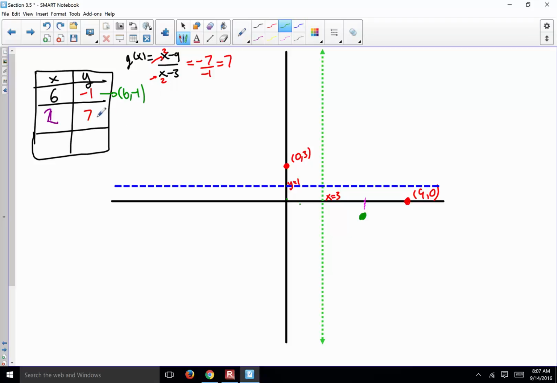I think that's right. You could have gone with 1 as well. If it's 1, minus 8 over minus 2 is 4. (1, 4), (2, 7), both work. So here is 2. 7 will be about twice and a little bit more. There.